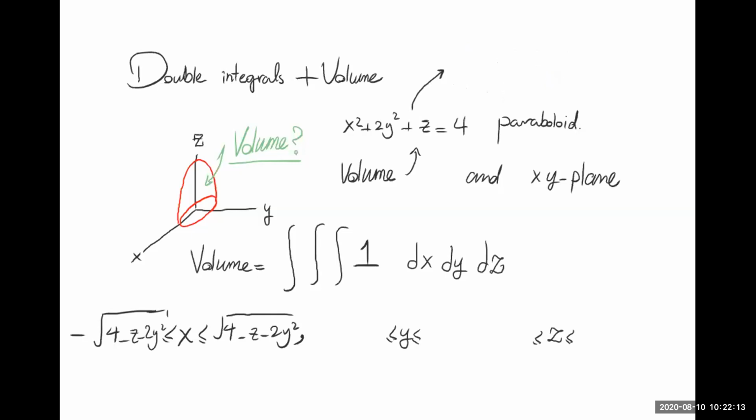What would you get? You get 2y squared plus z equals 4. Therefore, y squared would be (4 minus z) over 2. y would be equal to plus or minus the square root of that. And those give the bounds for the integral.